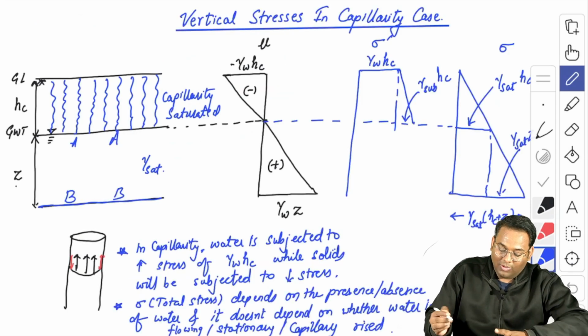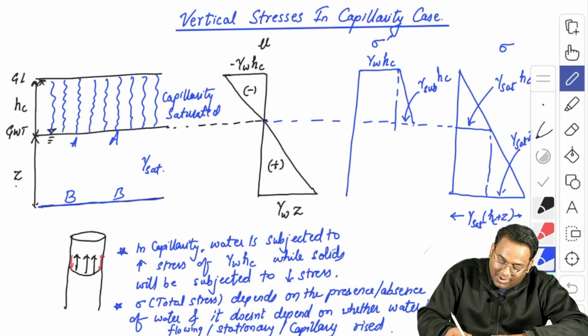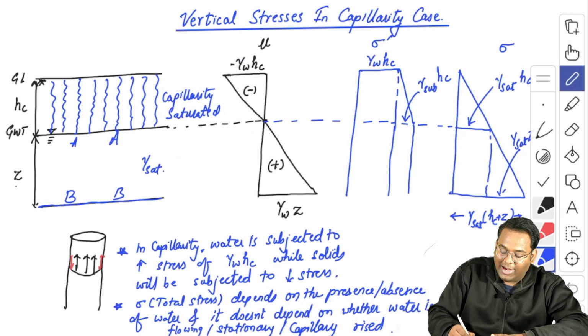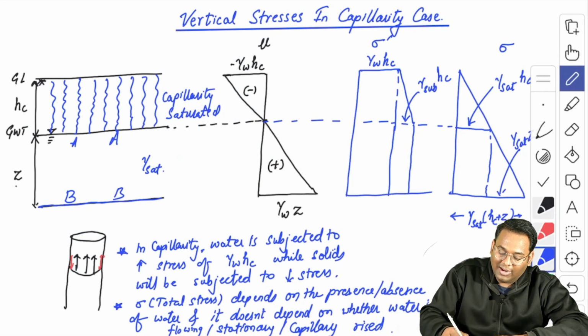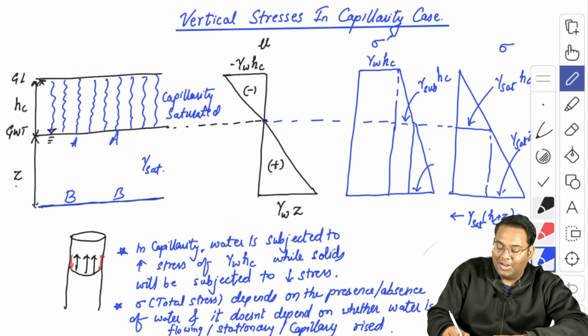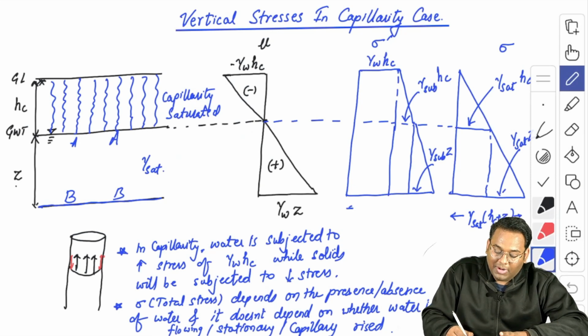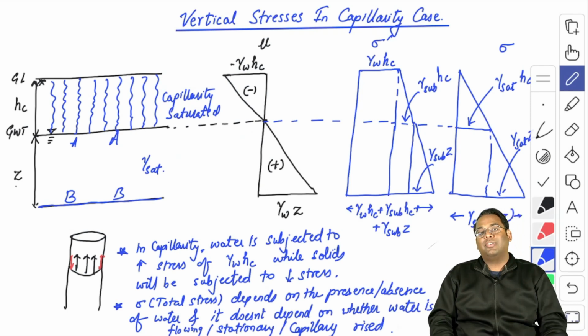So again, write down the same thing here, that after that value, this will be carried forward, but after that the other increase is gamma submerged into Z. So the overall value is equal to gamma W into HC plus gamma submerged into HC plus gamma submerged into Z. So this is the overall value of the effective stress.